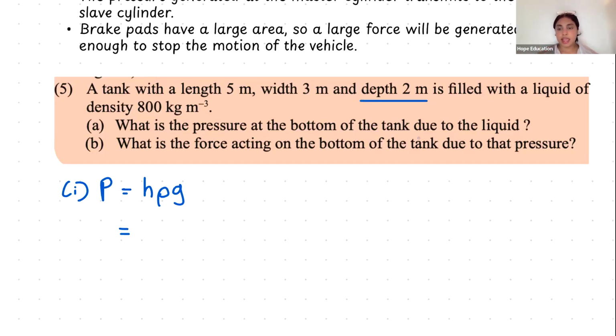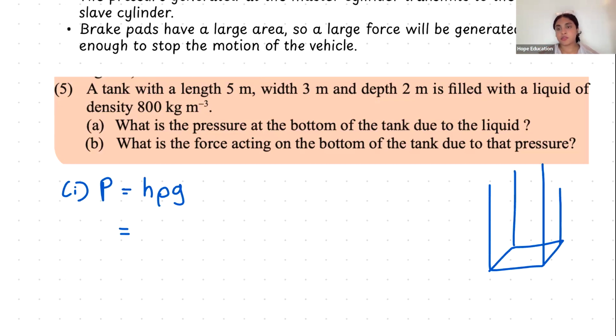Because if you take this tank, the length and breadth don't matter, we only want the height. Height means the depth, right? So depth is 2 meters. That means height is 2 meters.